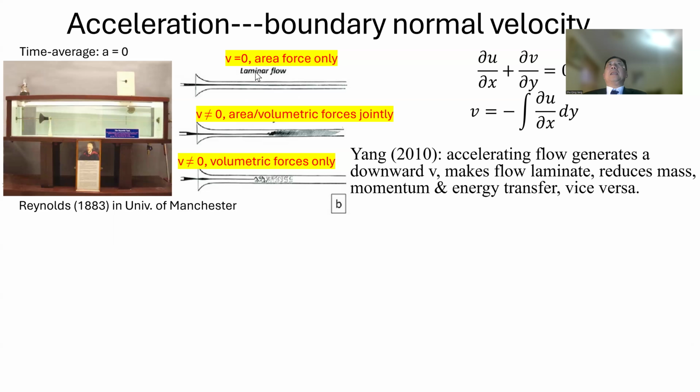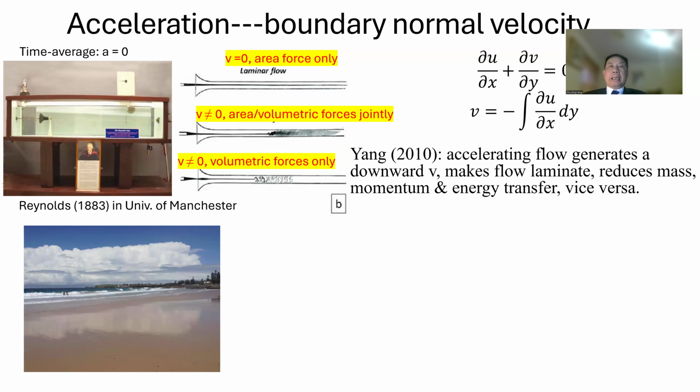Your force is dominated, energy loss dominated, by shear stress. If V is non-zero, then in the transition, your shear stress and pressure will jointly determine your energy loss. If it is fully turbulent, that is driven by pressure.